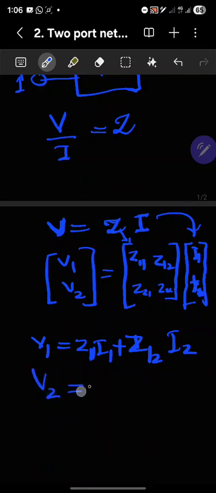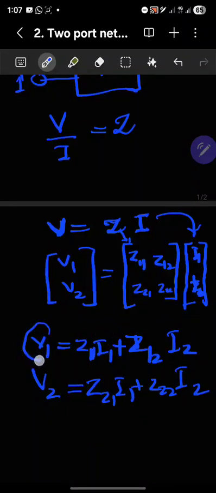Similarly, V2 is equal to Z21 I1 plus Z22 I2. These are the expressions for voltage and current in terms of Z parameters. Here, all of you know, voltages are the dependent parameters. This is the left hand side, LHS, of the equation.